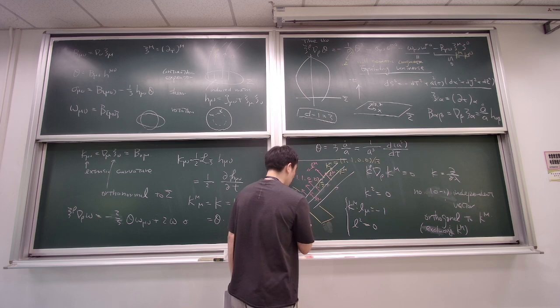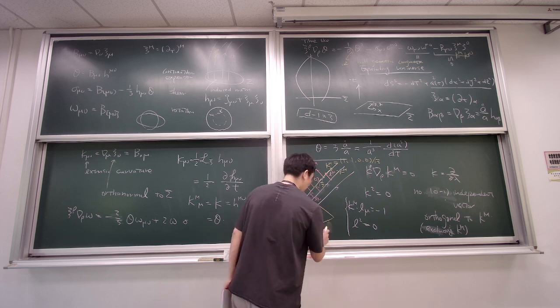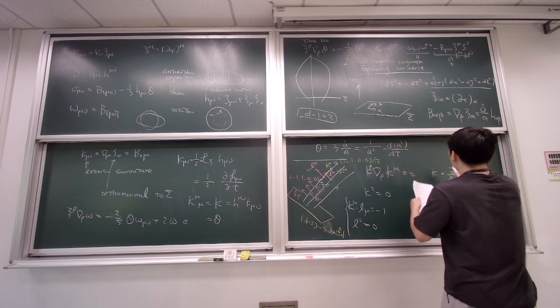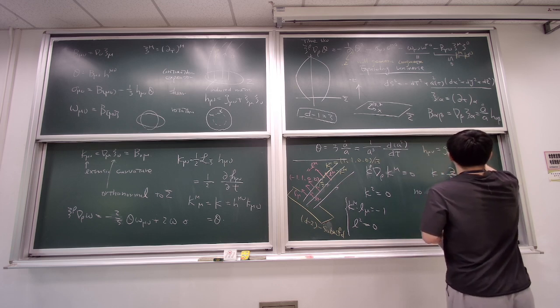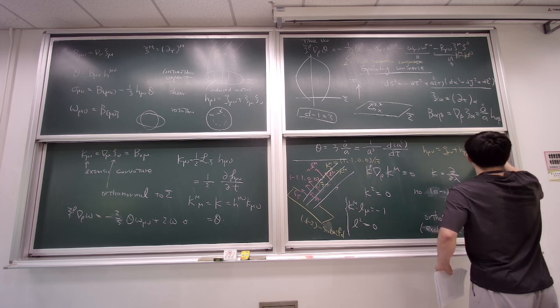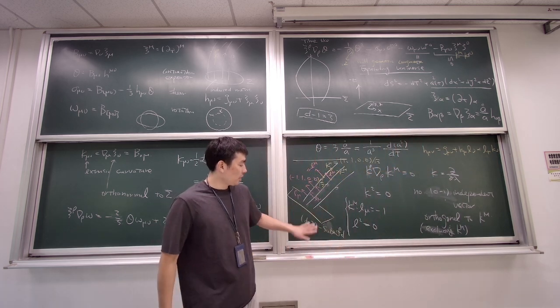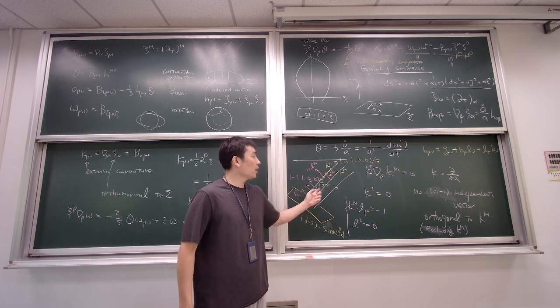It's a d minus 2 submanifold, a space-time submanifold, such that the induced metric is something like G mu nu plus K mu L nu plus L mu K nu. So this is how you define it: a d minus 2 submanifold which is orthogonal to both L and K.